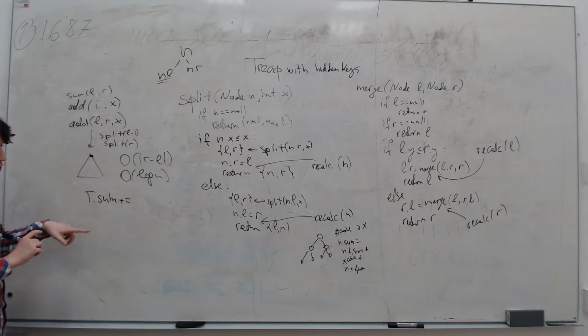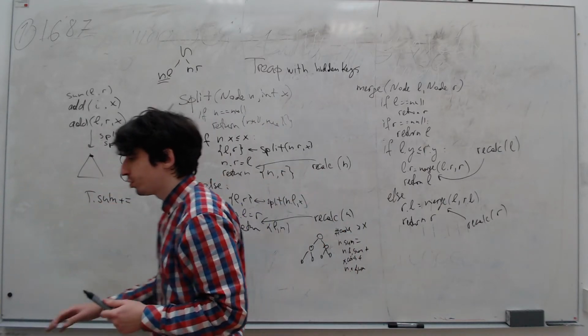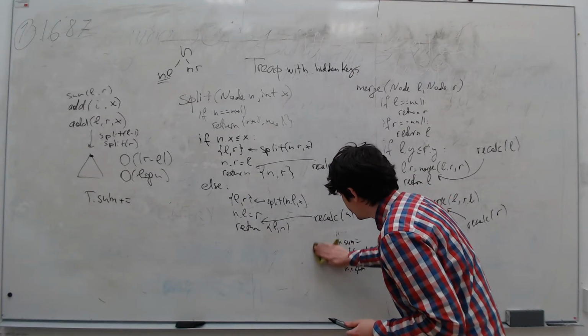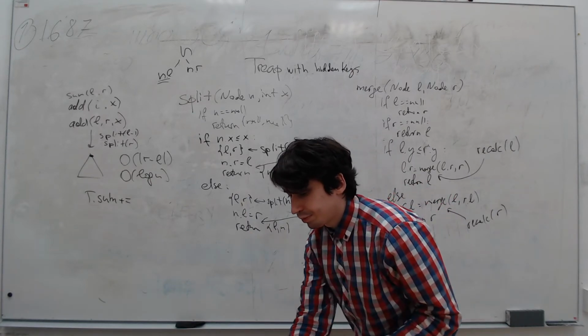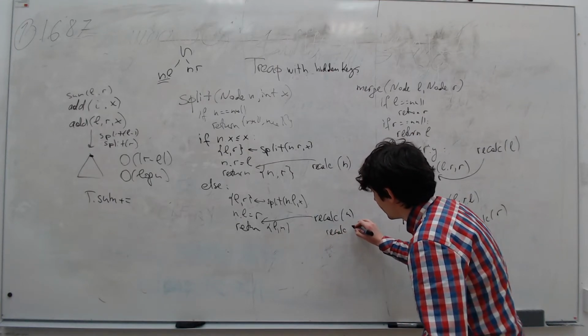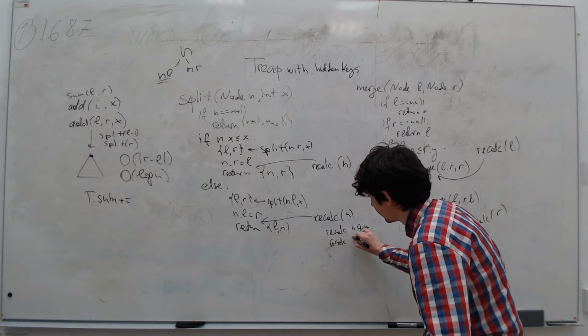Except for sum, you should also maintain the count that we talked about previously. So the recalc function will consist of 2 lines right now: recalc n.sum and recalc n.count.